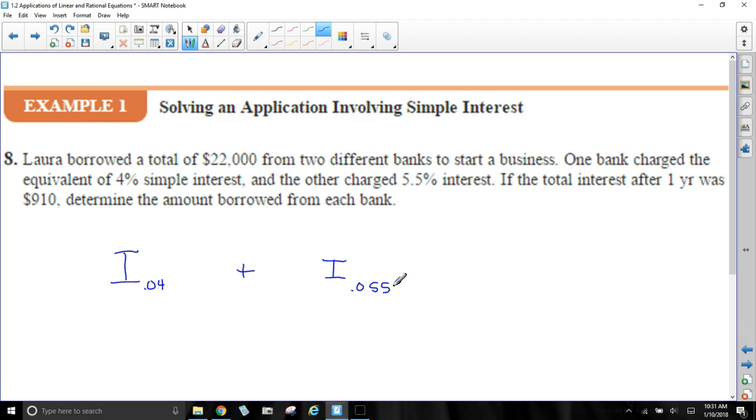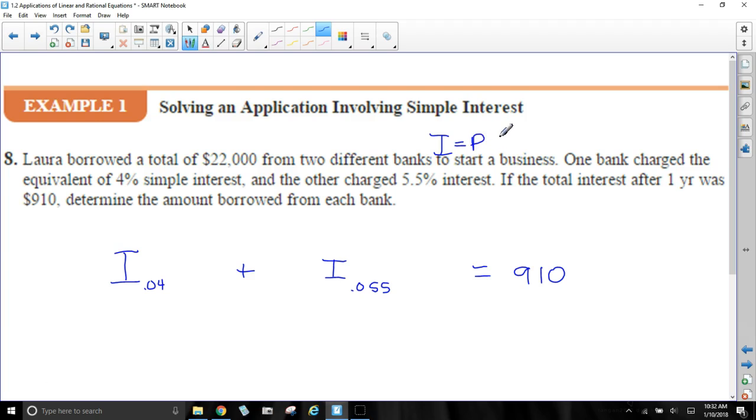Notice that I'm changing these to decimals, is going to add up to be the $910.